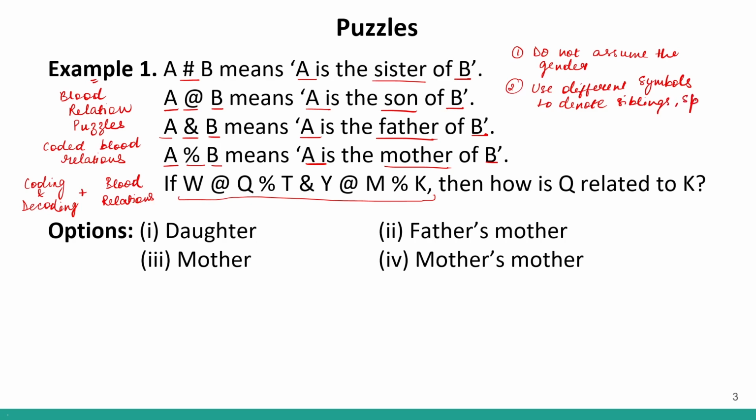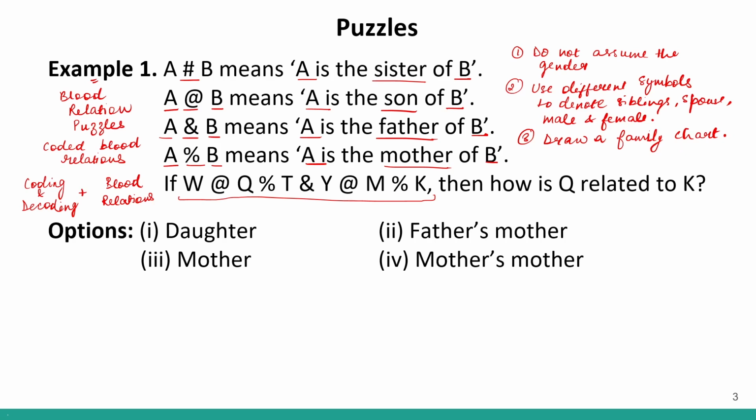These are different relationships, correct? Male and female. So we always use different symbols to avoid confusion. Third, I told you, always draw a family chart. Always draw a family diagram, you can say family tree, or a family chart to solve questions, because it makes the work easier.